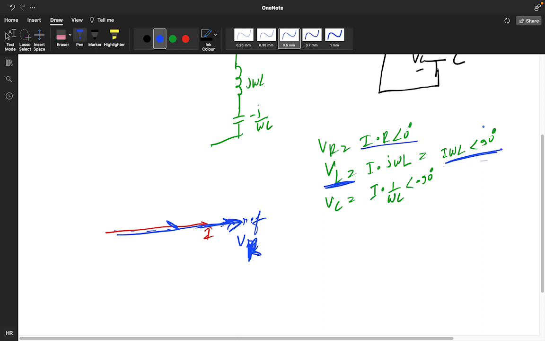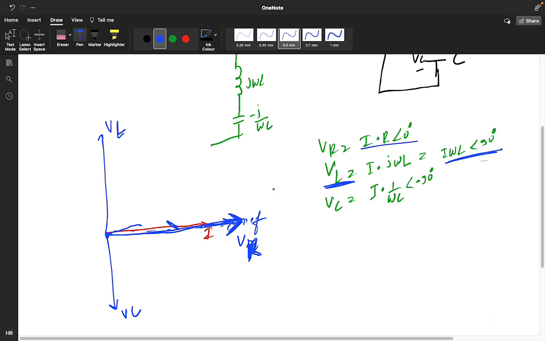VL will lead by 90 degree, so you get your VL. What about VC? Guys, VC will lag by 90 degree. So the thing is happening like this.